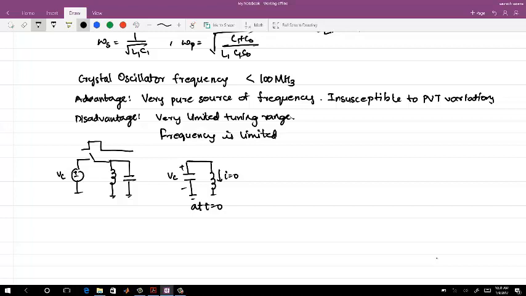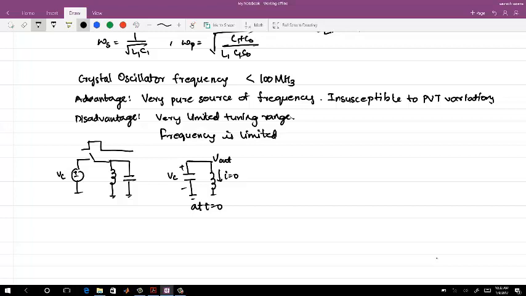So can everyone get that if I have this as a network, then the output voltage, let me call this V out, will be oscillatory in nature, because there is no dissipative element in this circuit.